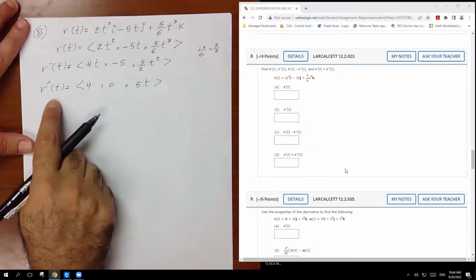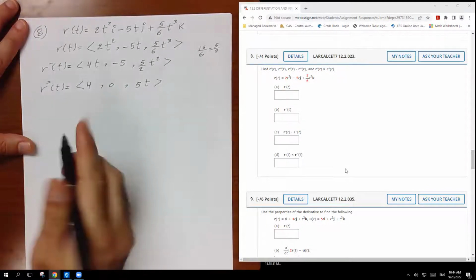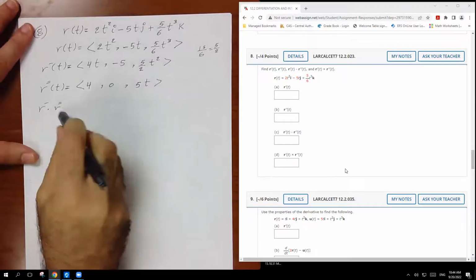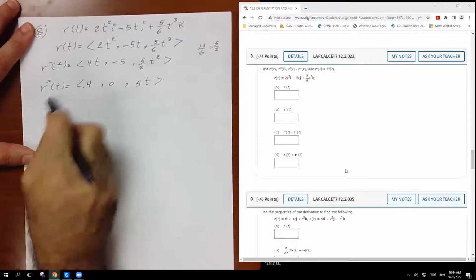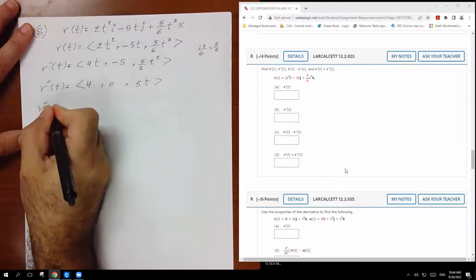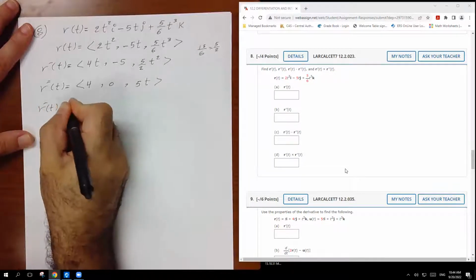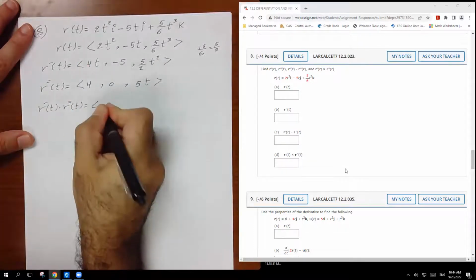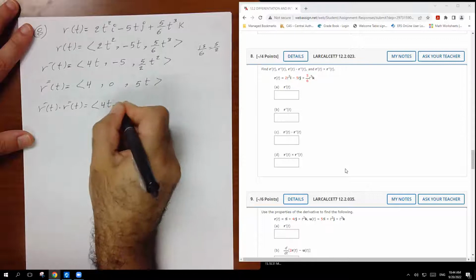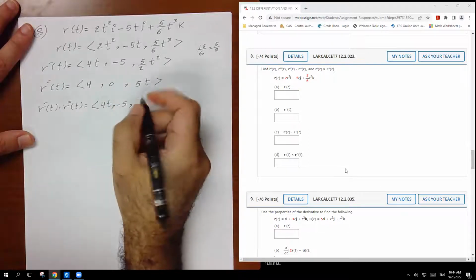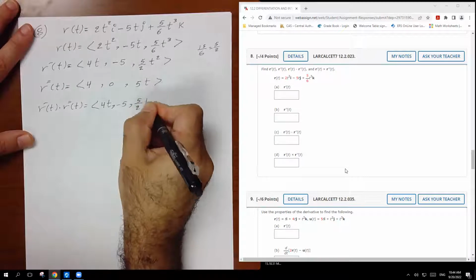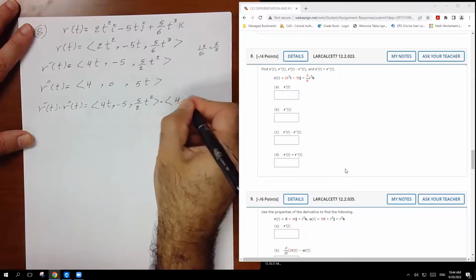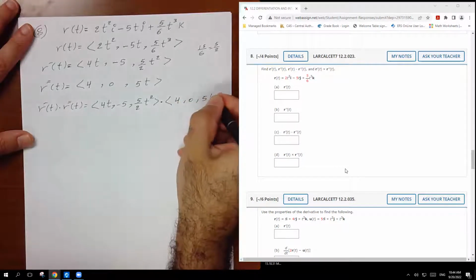They ask you now to find the dot product between the prime and double prime. So r prime of t times r double prime of t is going to be this one dot product with this one. So 4t, negative 5, and 5 over 2 t squared, and everything is dot product with 4, 0, and 5t.